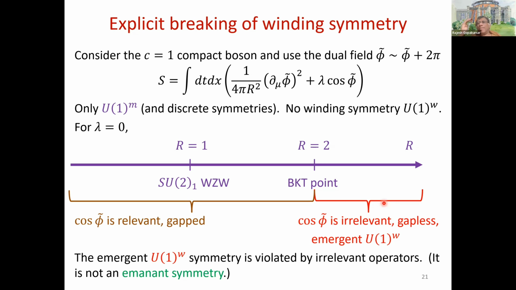Because if you had a Coleman-Mandula-like situation for a Lorentz invariant theory, would you still be able to have this kind of thing?